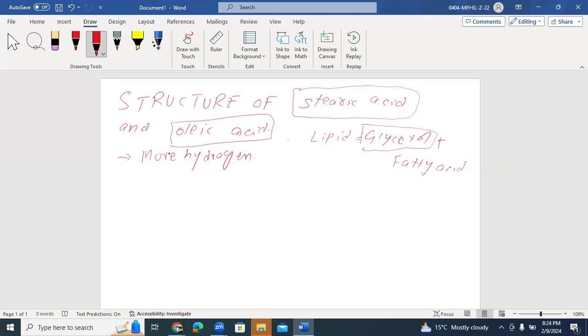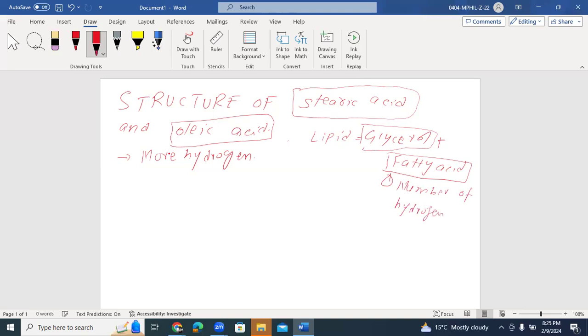What will be the change here? The change would be in the fatty acid. And how will this fatty acid change? So there would be two to three changes that we will observe in this lecture. One is the number of hydrogen.